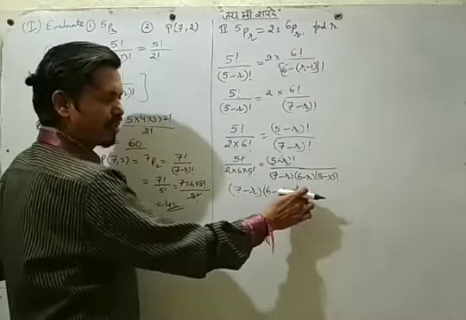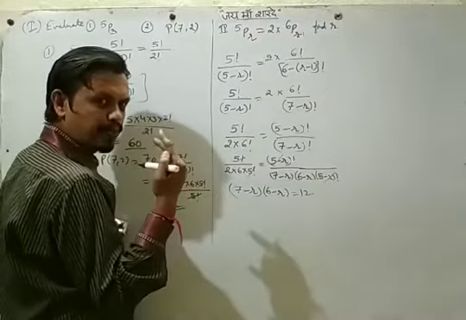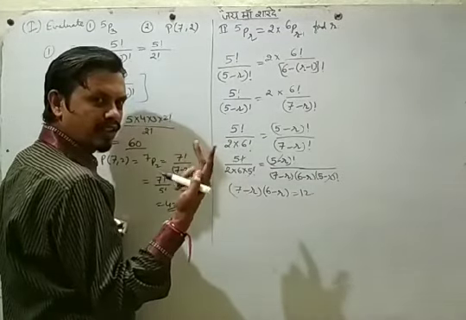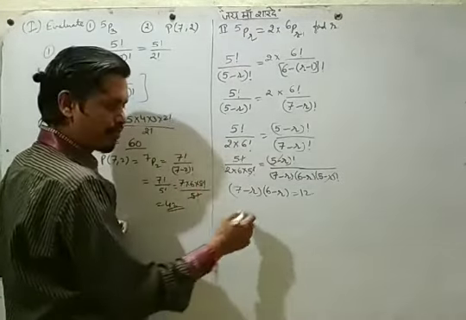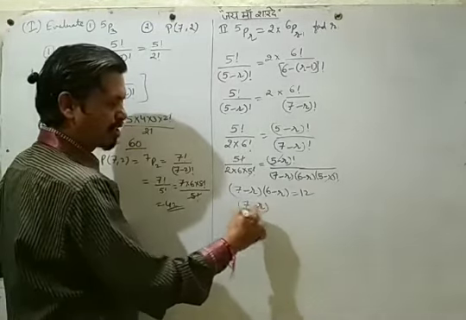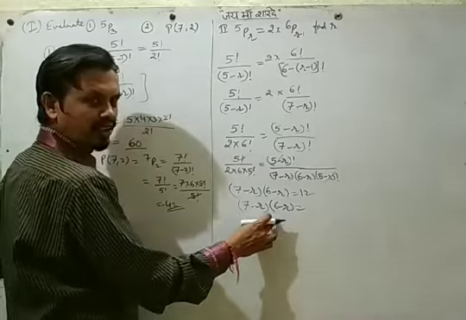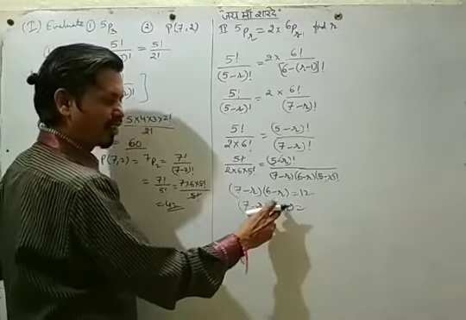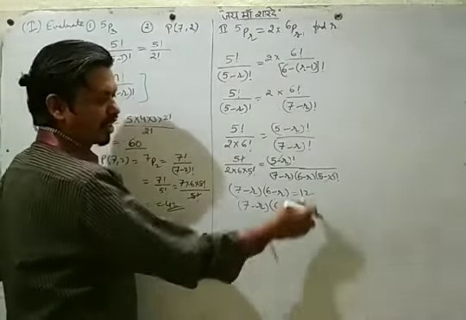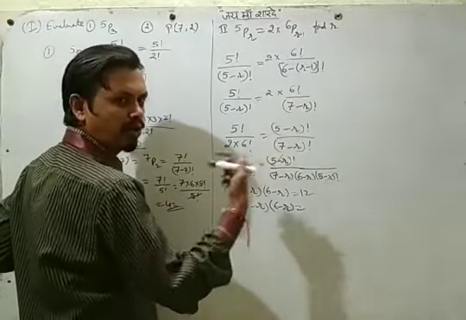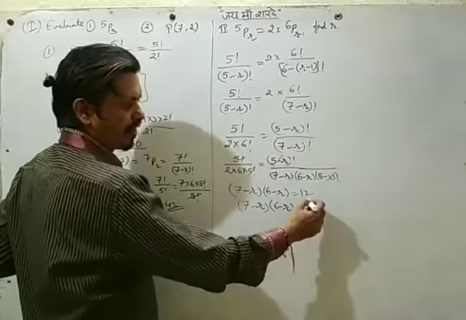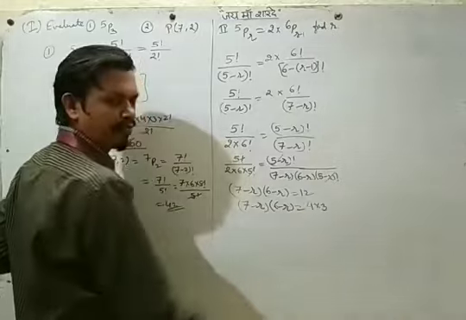So can we write 12 as a product of two numbers whose difference is 1? Yes, 4 into 3, 12.